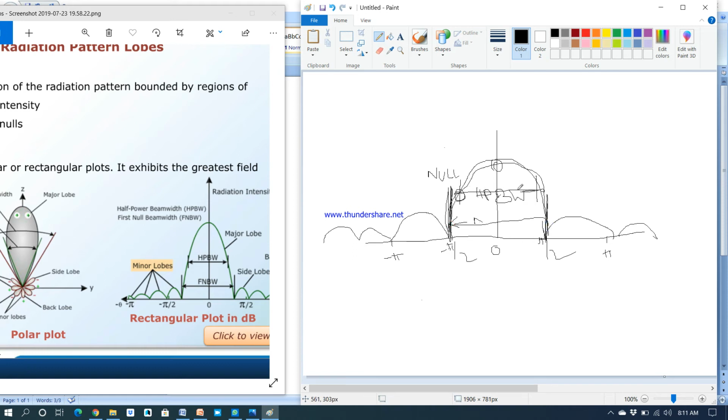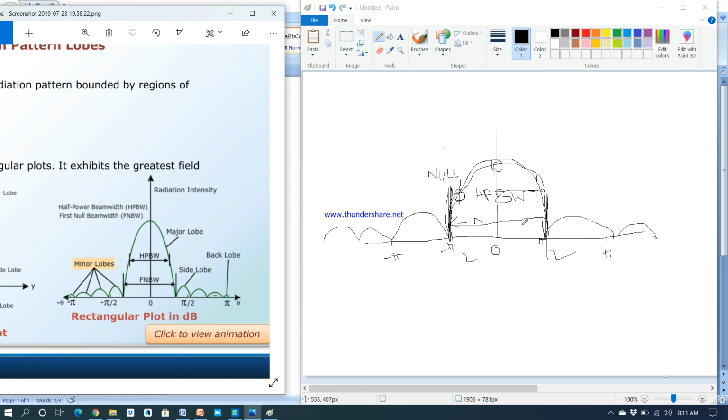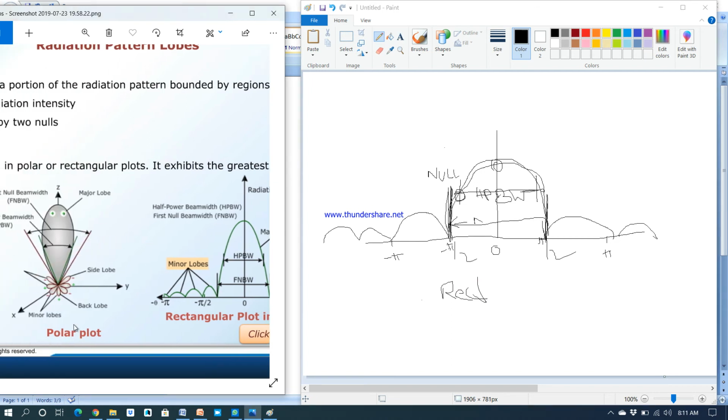So here, half power beam width. From this diagram only we have written this rectangular plot. This is what we call a rectangular plot, and this is what we call a polar plot. I think all of you please follow some textbooks or internet materials or whatever may be useful to you.